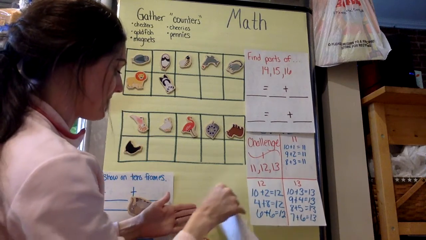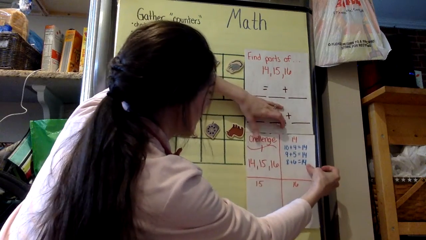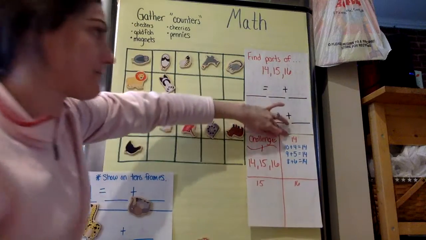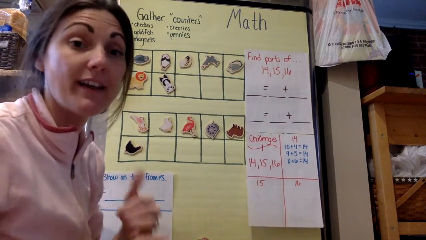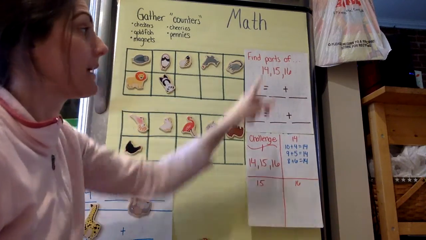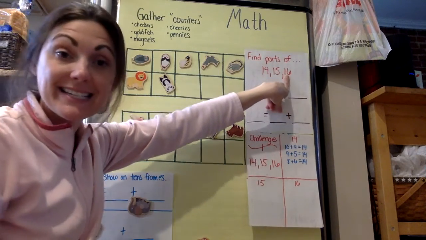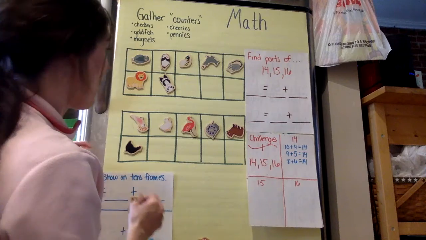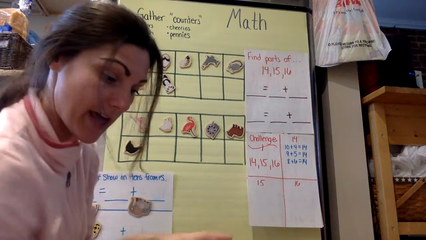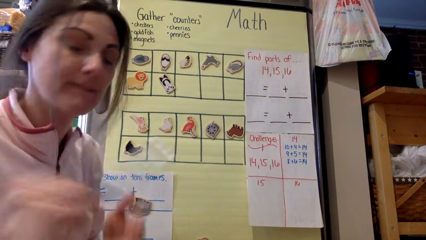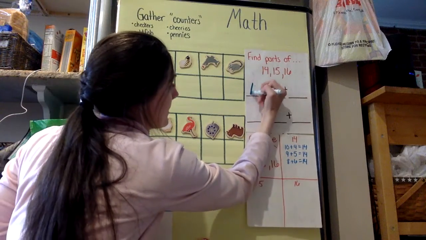All right, so let me get this. This is going to be for today. Yesterday we found the parts of 11, 12, and 13. Today we're going to find the parts of 14, 15, and 16. I'm going to start with 14.